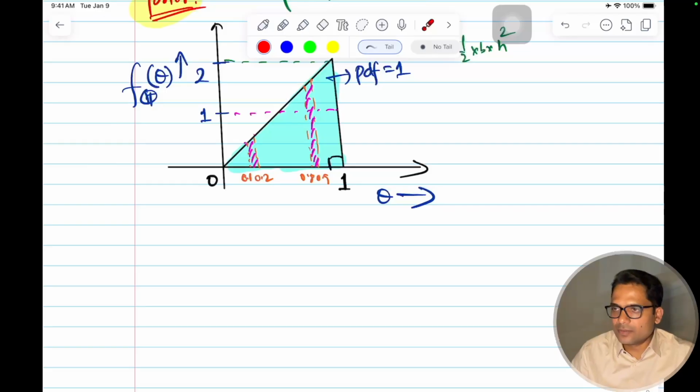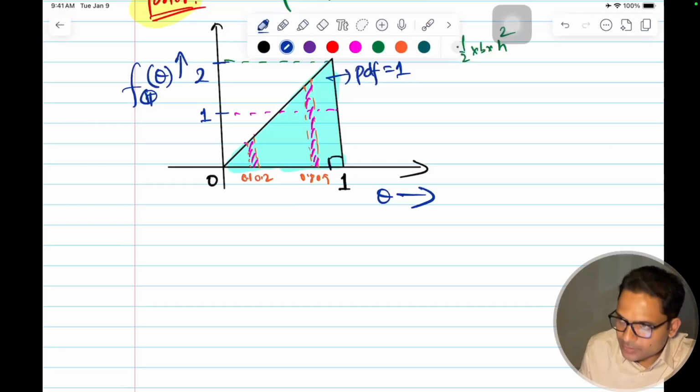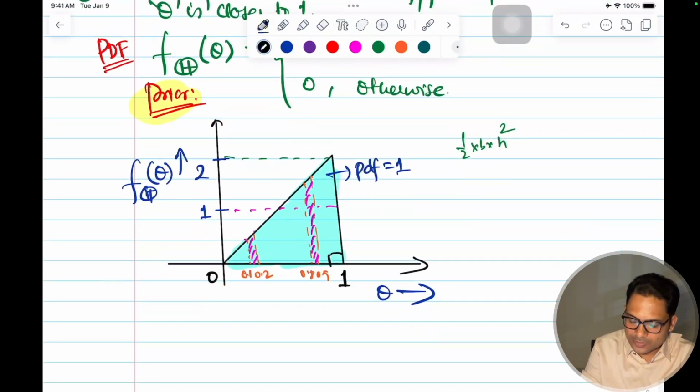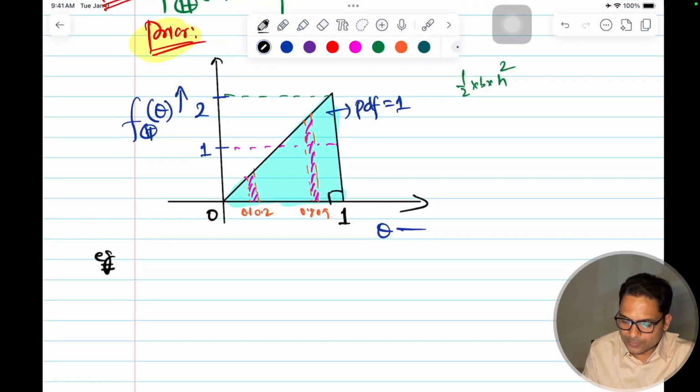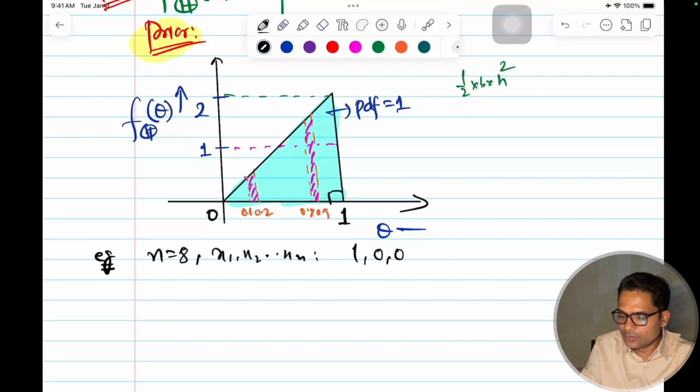So this is our prior information. For example, if n is equal to 8, and x1, x2, up to xn is like 1 0 0 1 1 0 0 0, positions 1 to 8.